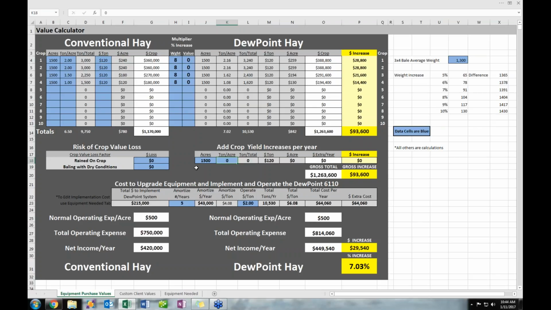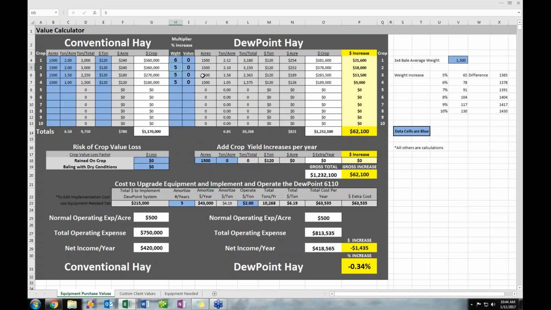So we've zeroed out the value, we've zeroed out these crop value loss factors, we've zeroed out the added yield increase. Let's just see what is our bottom line weight increase that we have to get out of the machine to make it work. Looks like about just over 5%, because we're losing money at 5%.